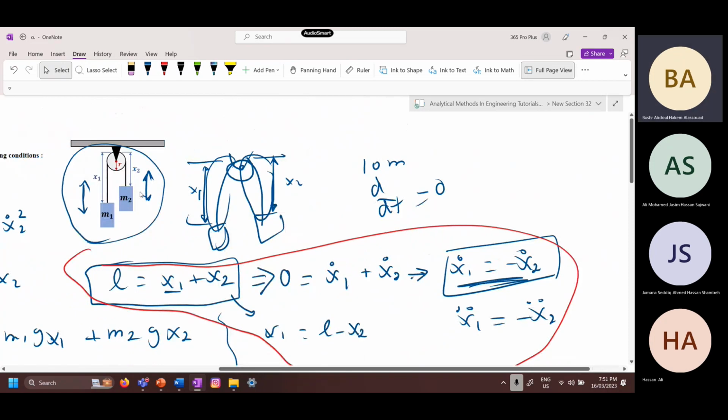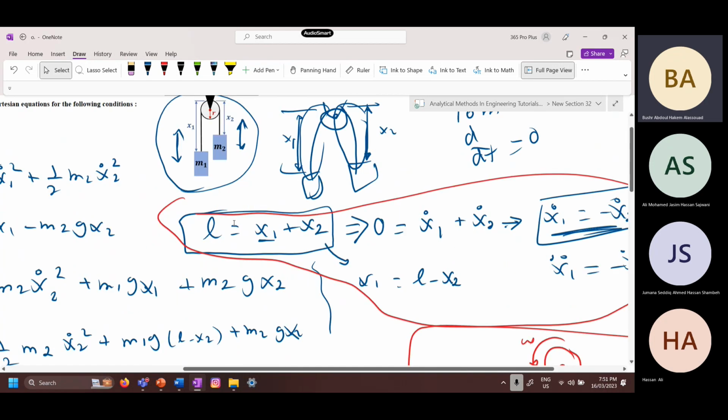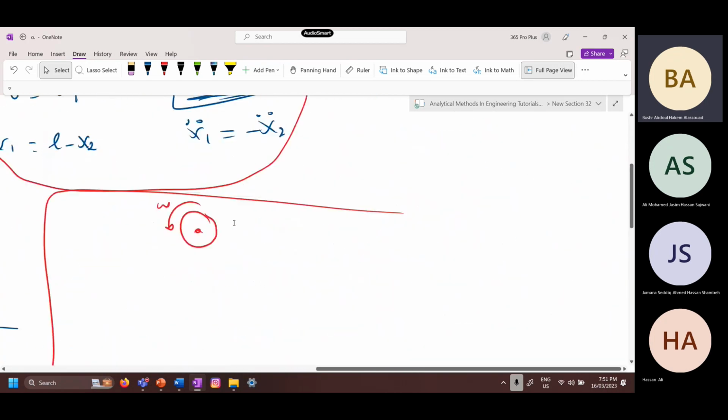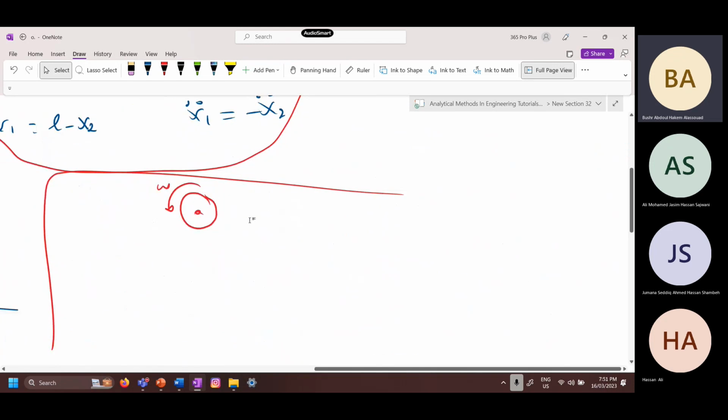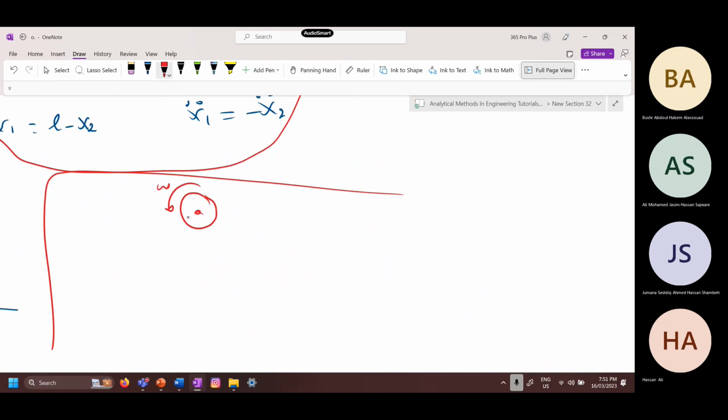Now you can assume any mass, but personally I like to assume the mass that's going downwards. By looking at the system, you can see that M1 is going below M2. It doesn't need to be this case, but that's a personal preference. Assume whatever you want. So I'm using that this pulley is rotating with respect to x1, the x of mass 1.